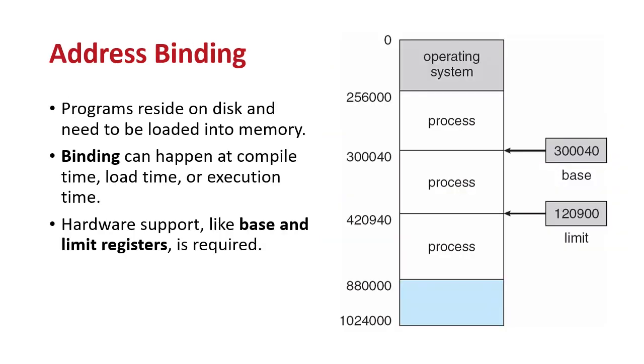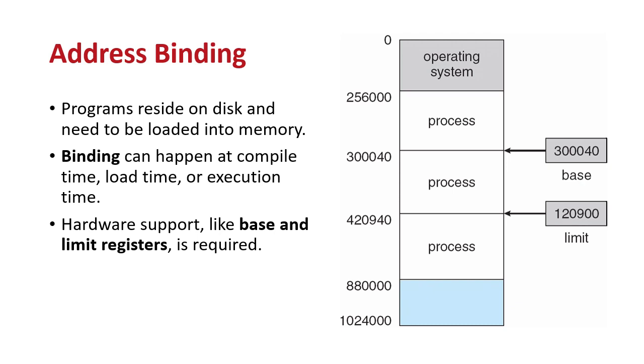Address binding is a critical step in program execution. Programs are typically stored on disk and must be loaded into memory for execution. Address binding can occur at different stages: compile time, load time, or execution time. If the memory location is known beforehand, absolute code can be generated during compile time.